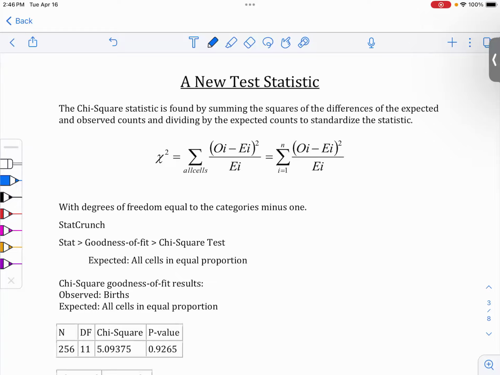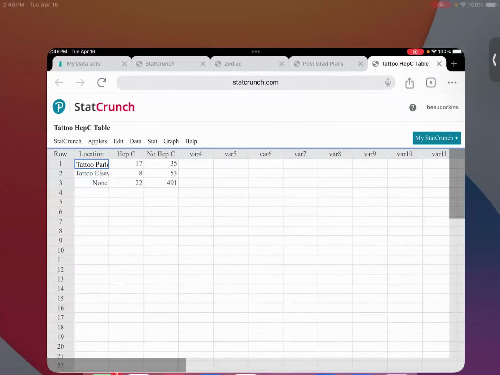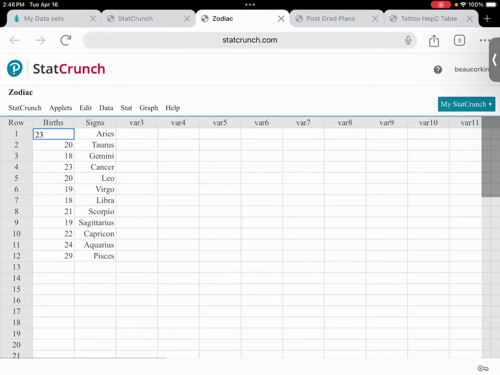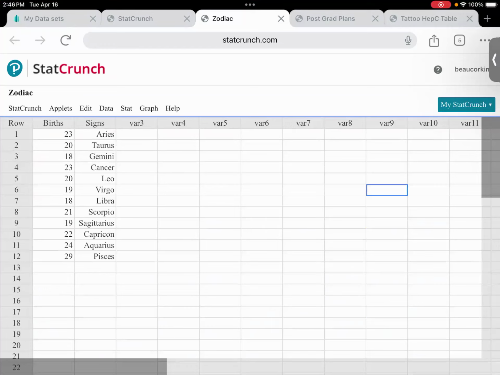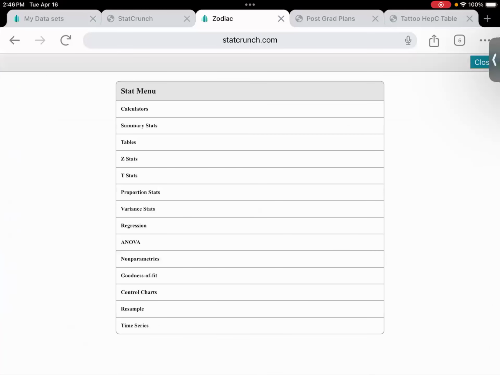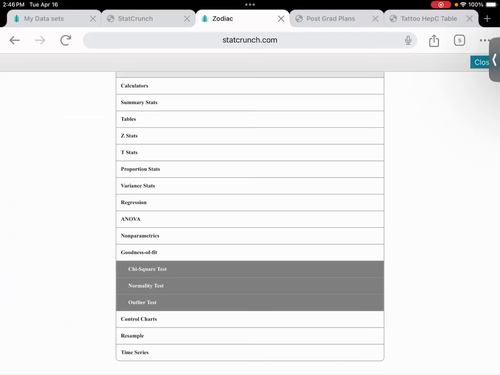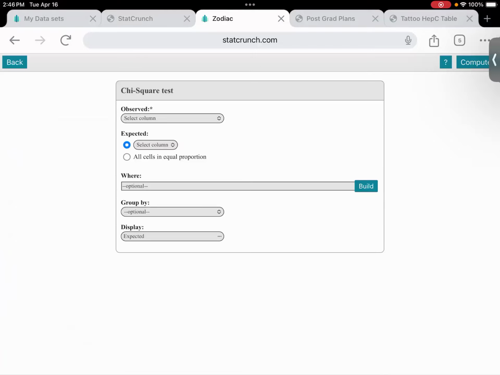So StatCrunch, goodness of fit, chi-squared test. All right, so here's our Zodiac data set. Stat, and goodness of fit is down here. Chi-squared.